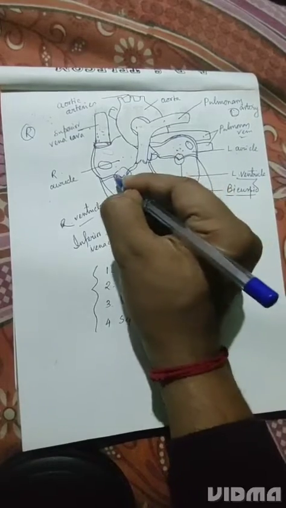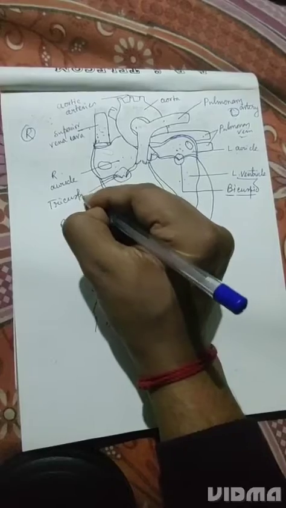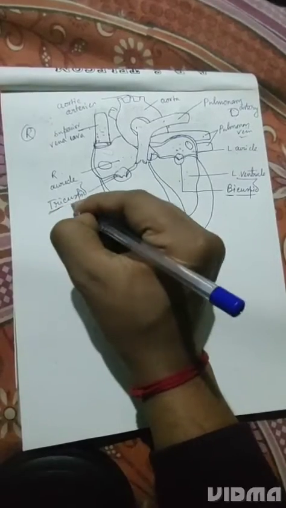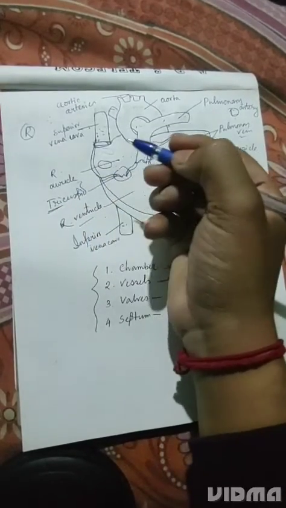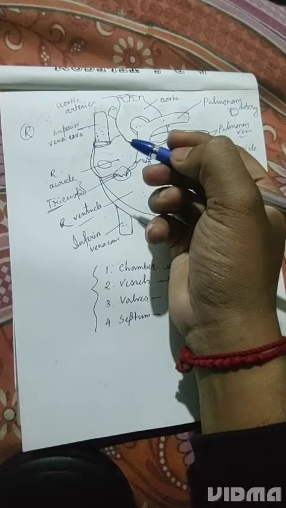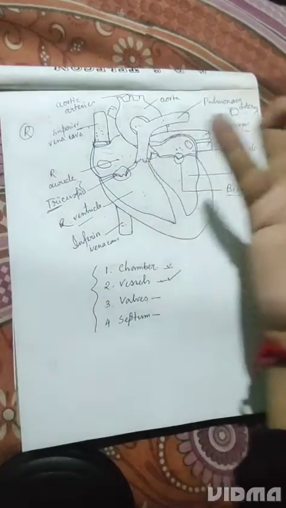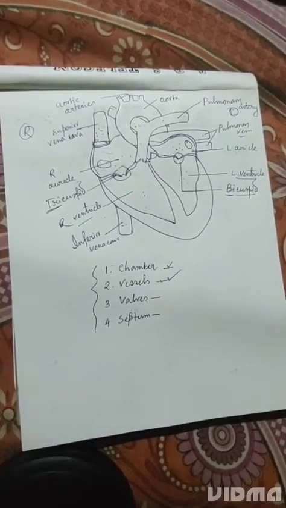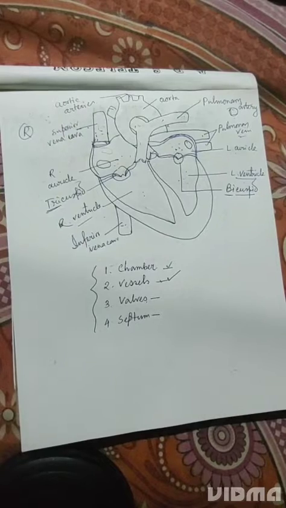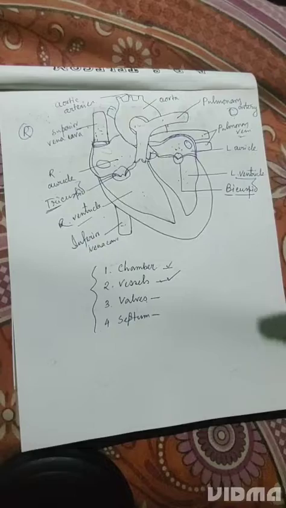On the right side we have the tricuspid valve. Similarly, tri means three, so it has three cusps or three flaps to block the backflow. The main function of a valve is to prevent the backflow of the blood.